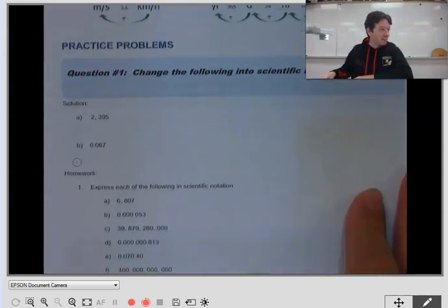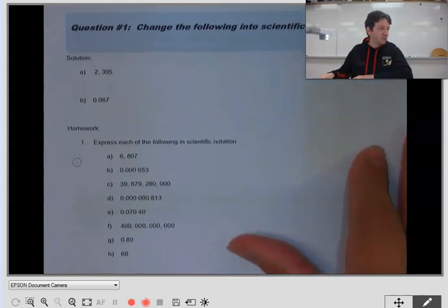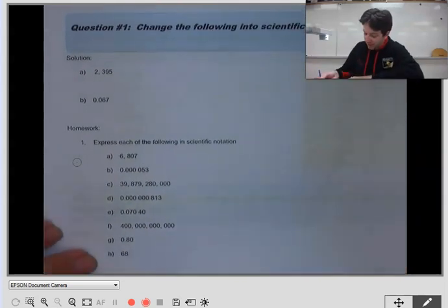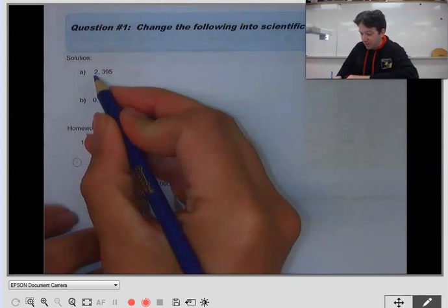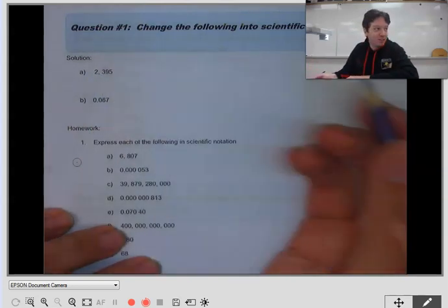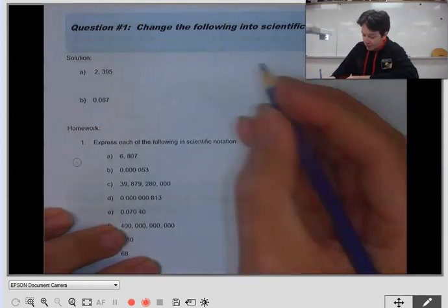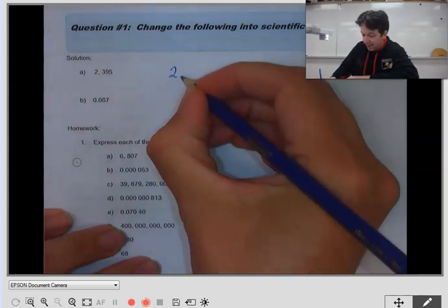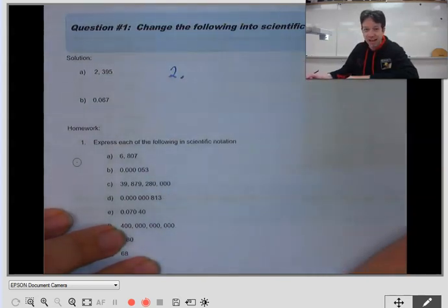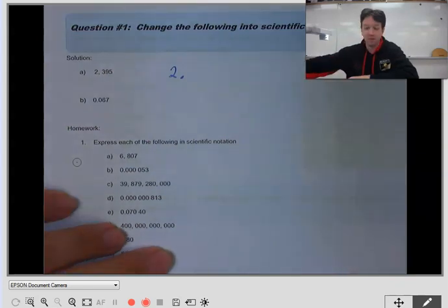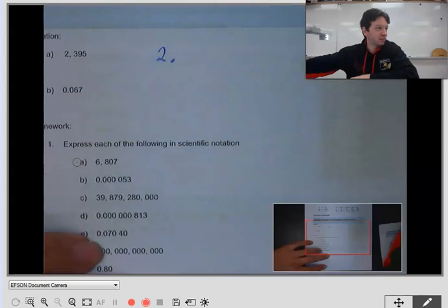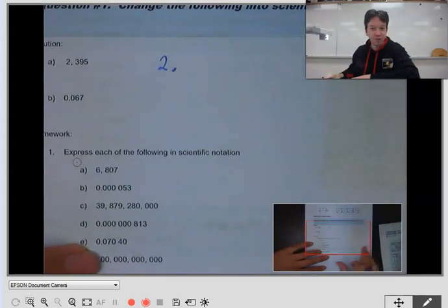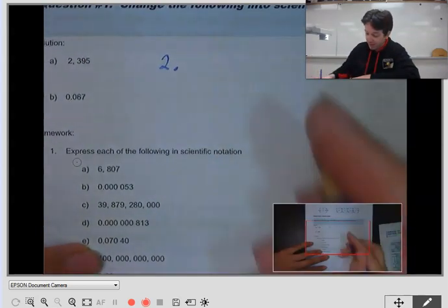But for now, I'm going to change a couple numbers into scientific notation. So here's the first one. We have 2,395. Now, when you're dealing with scientific notation, you want one number and then the decimal. So the decimal comes after the first number, and then we have 395.